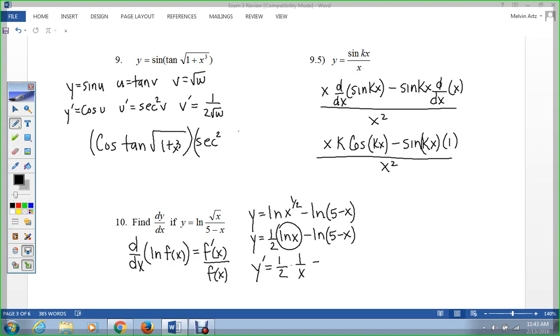That's the general rule. So let's apply that here. So the inside function, the derivative, would just be -1. That's the derivative of 5 minus x all over the inside function, 5 minus x. So if we just clean that up a little bit, we would have the derivative is 1 over 2x plus our 1 all over 5 minus x.